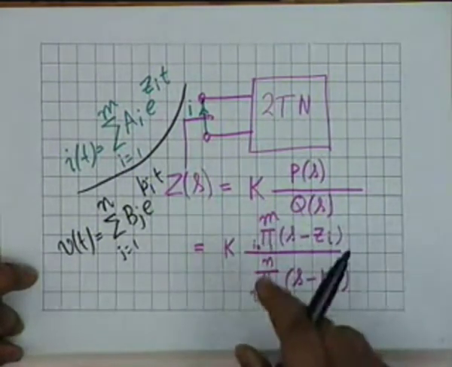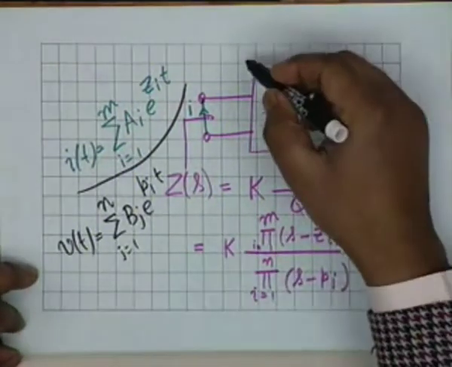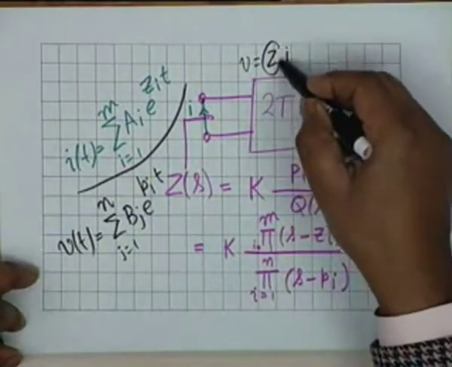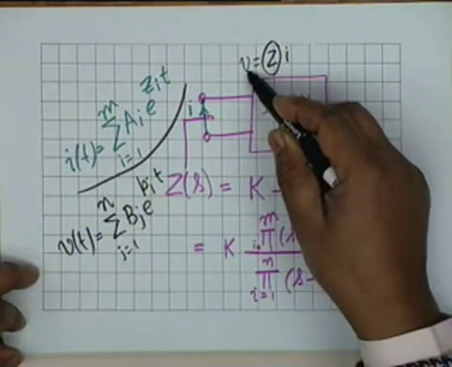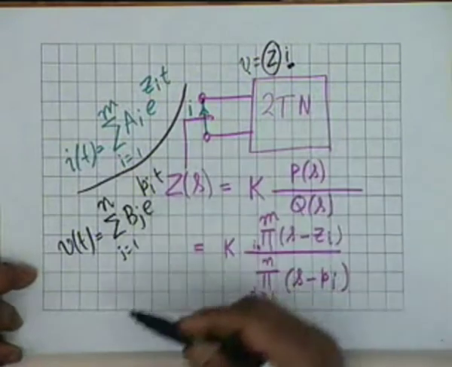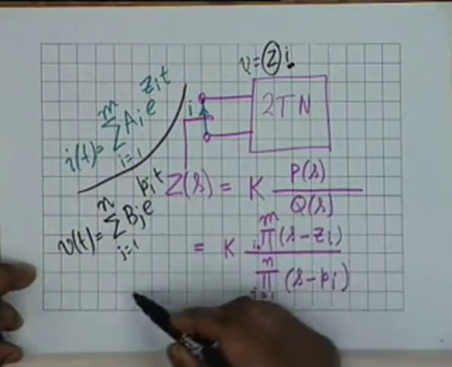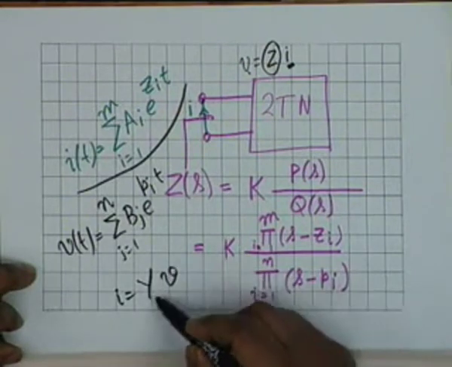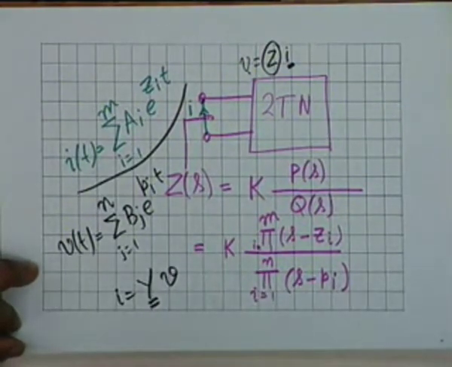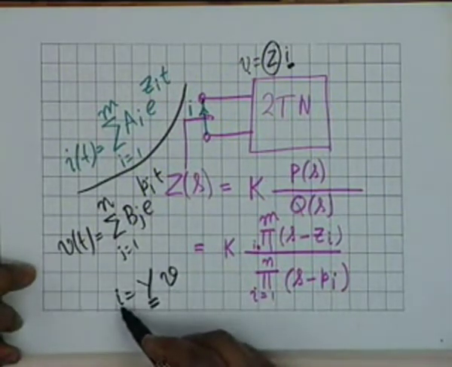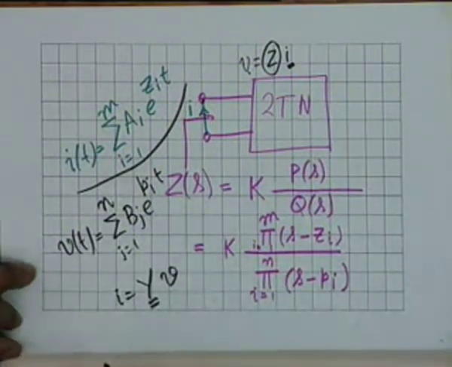And the underlying reason we have already explained, that the relation is V equal to Zi, and therefore if Z equal to 0, then V equals 0 independent of what I is. And similarly, in the case of the open circuit, I take the relation I equal to Y times V, and therefore if Y equal to 0, which means the poles of Z, then I equals 0 irrespective of what V is.